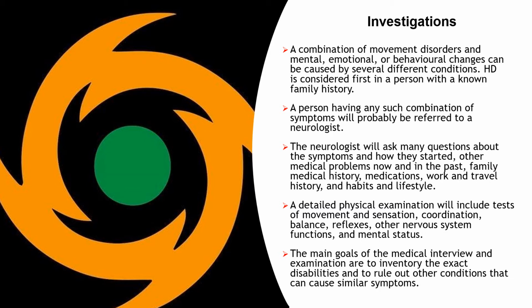Huntington's is considered first in a person with a known family history. A person having any such combination of symptoms will more than likely be referred to a neurologist, and the neurologist will ask several questions about the symptoms, how they started, and other medical issues.